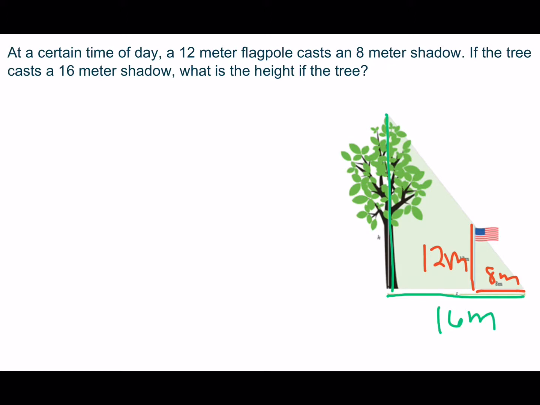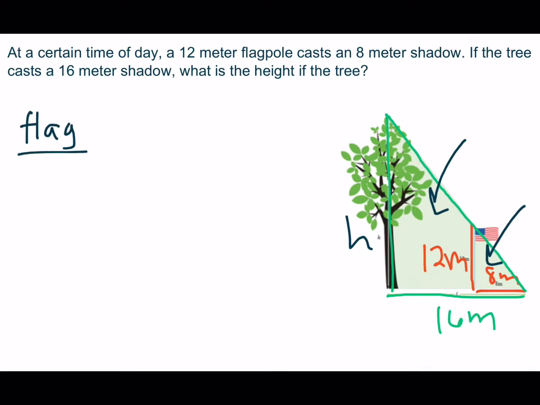And if you notice, if I draw in this line right here, you will see that two triangles are actually formed, and these two triangles are similar to each other. This small one here, and then this overall larger one. So now, because they're similar, let's set up a proportion to solve for the height of the tree, which we'll call h here. And we will just write out the object, so we have the flag, right?